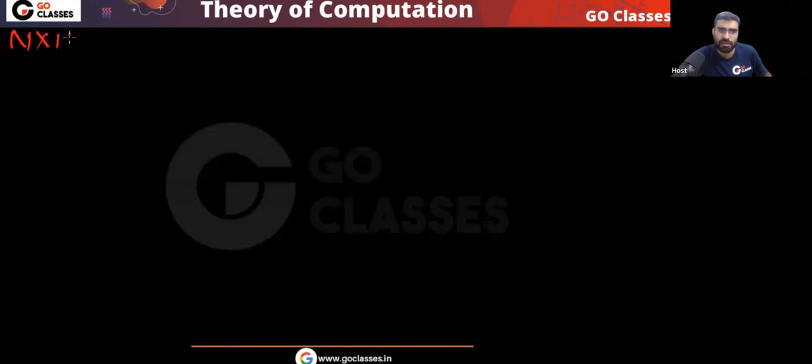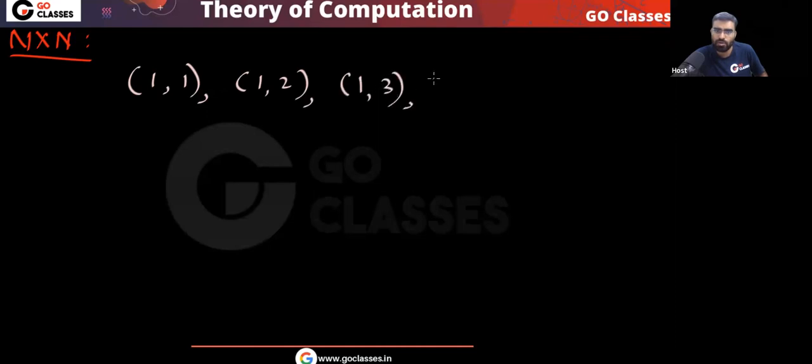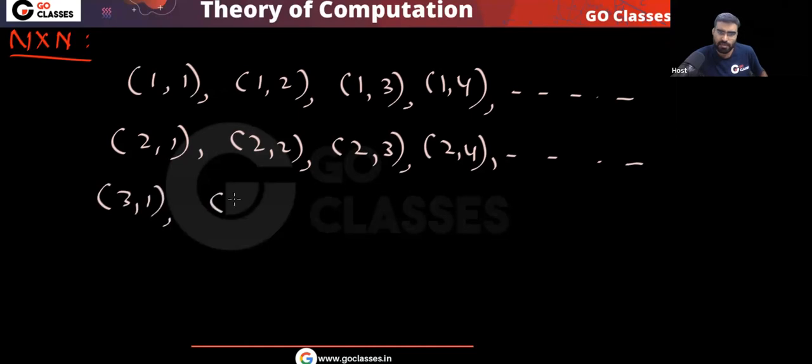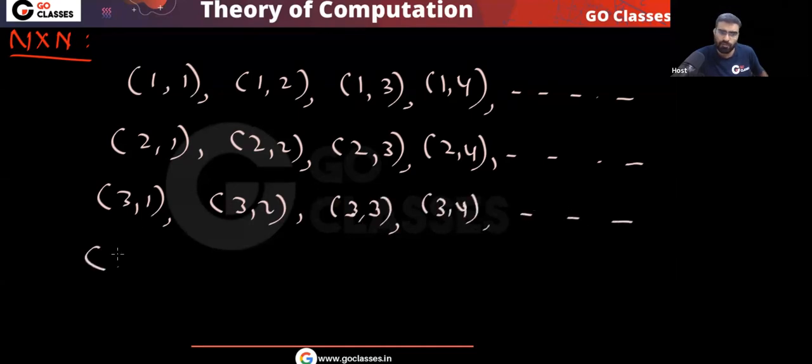In this row you put the pairs where the first element is 1, in this row where the first element is 2, then where the first element is 3, then where the first element is 4.